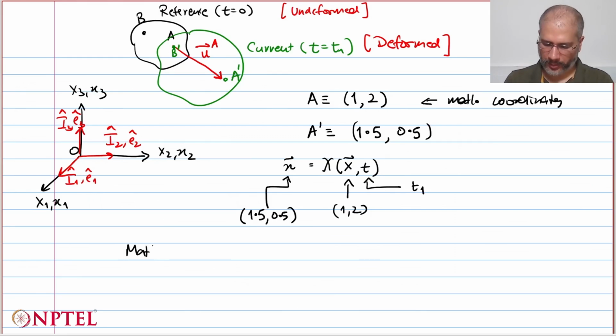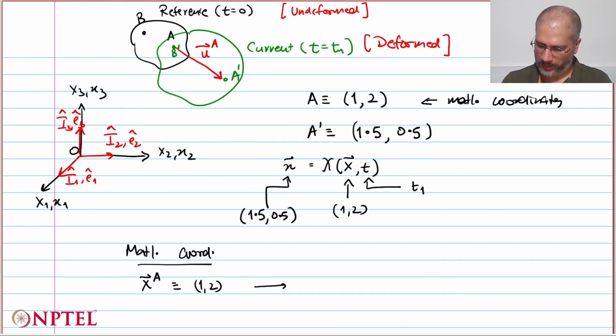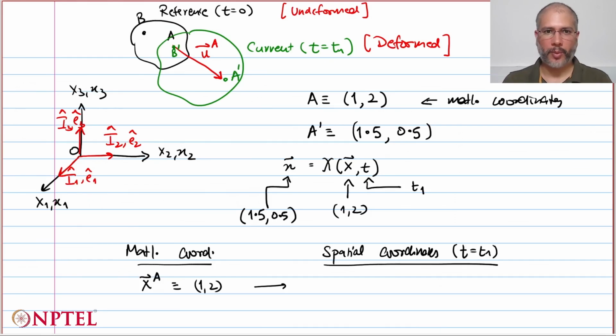So in the material coordinates for capital X of A, we have the coordinates (1, 2), which corresponds to the spatial coordinates at t equals t1 as small x of A as (1.5, 0.5).